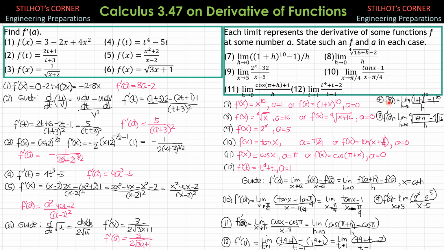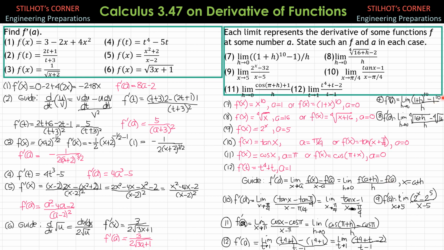So f prime of a, or f prime of 1, is equal to the limit of quantity 1 plus h raised to 10, from this expression here, minus f of a. So if this is f of x, f of a is 1 to the 10, so minus 1 to the 10.